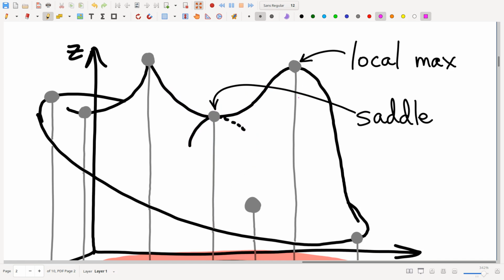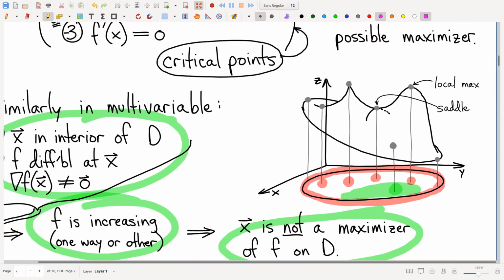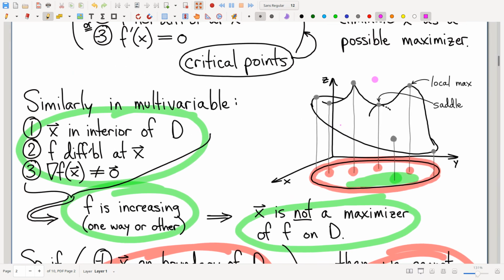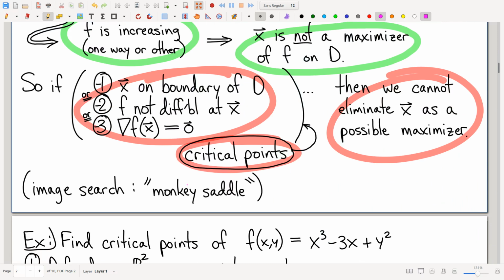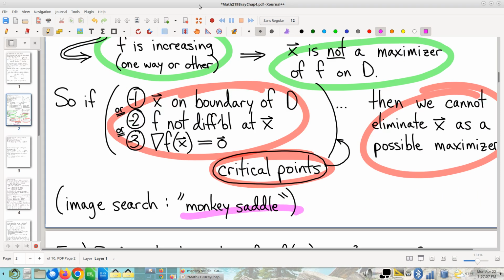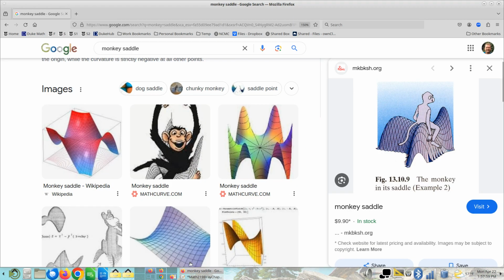There are more possible classifications than this, and one that I think is fun, worth looking at, is this thing called a monkey saddle. That's a real term. I did not make it up, and it's based on this little picture right here. Imagine if a monkey were riding a horse.